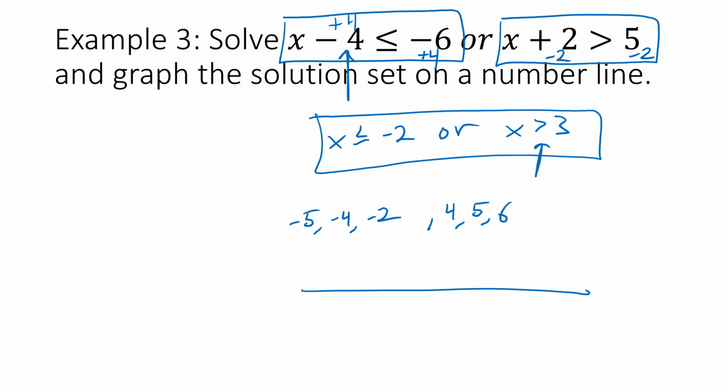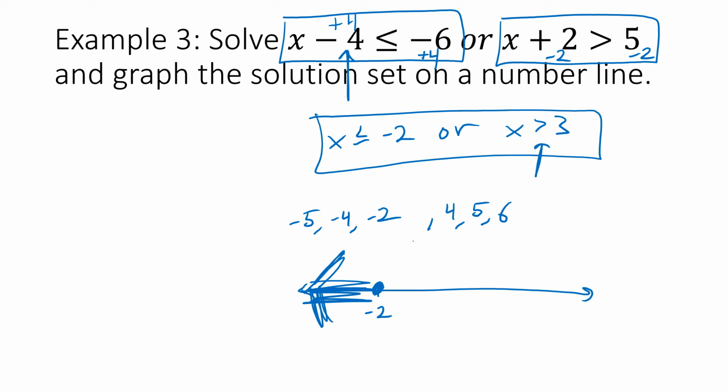So on my number line, basically what's happening here is I have 2 separate arrows going on the same number line. Negative 2 down here is kind of critical, right? We said that it could be negative 2, so use a solid dot, and then numbers below that work.